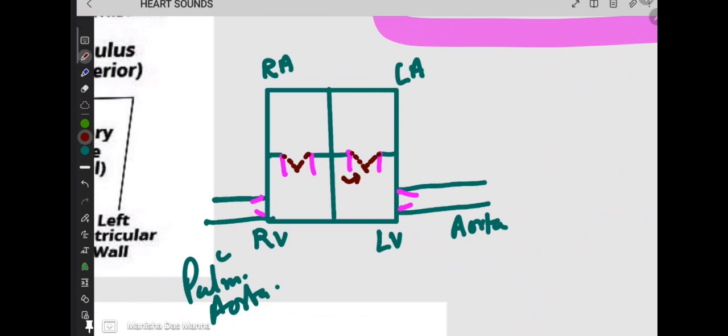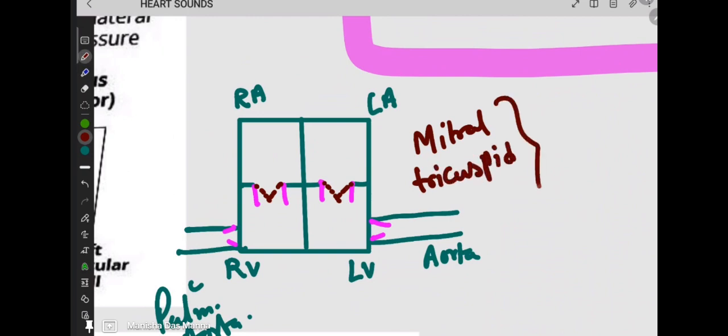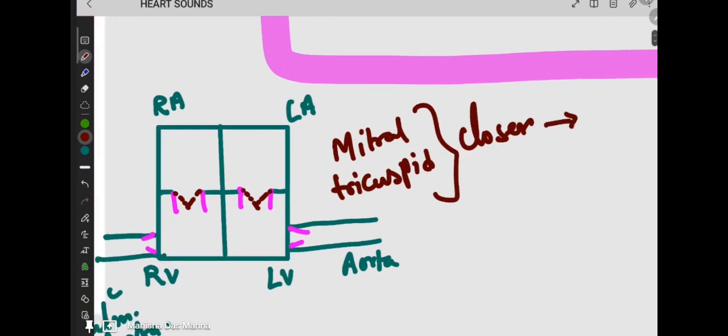This is nothing but the closure of those valves. So the closure of the mitral and tricuspid valves produces S1.